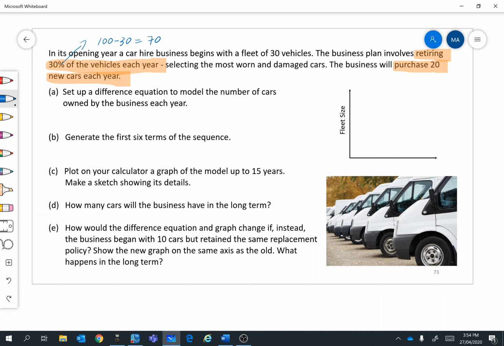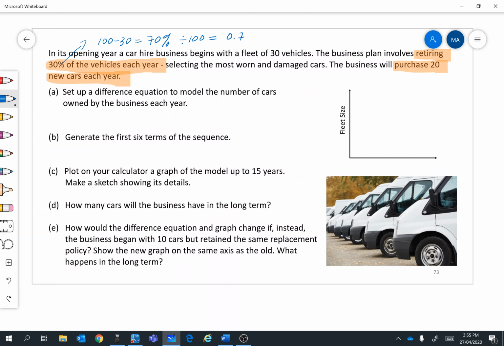So we're actually going to be working with 70%, thinking that rather than losing 30% of vehicles each year, the business is retaining 70% of its vehicles. So if we convert that to a decimal for the purposes of this difference equation, our decimal is 0.7.